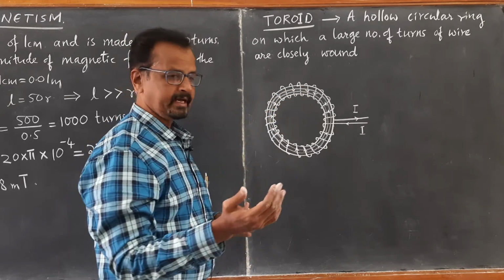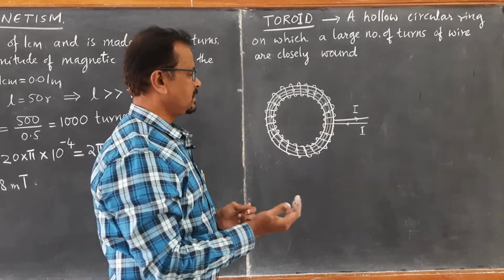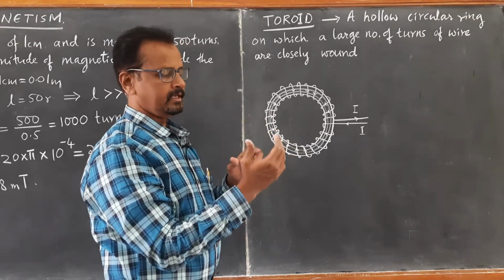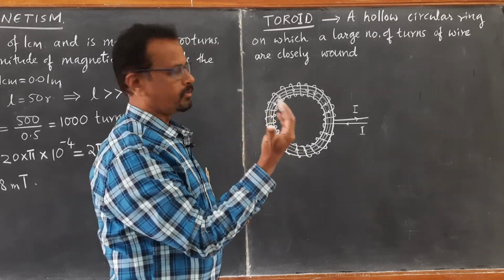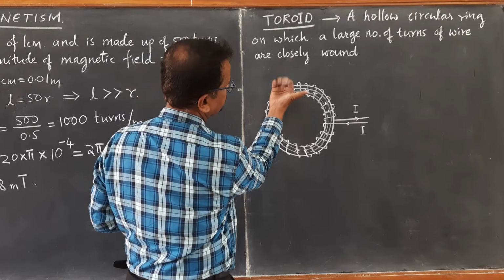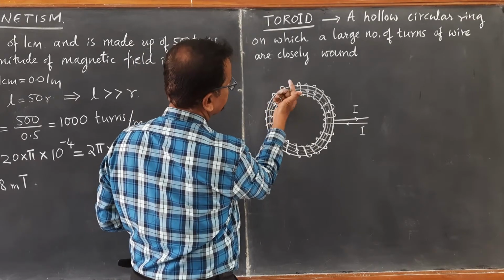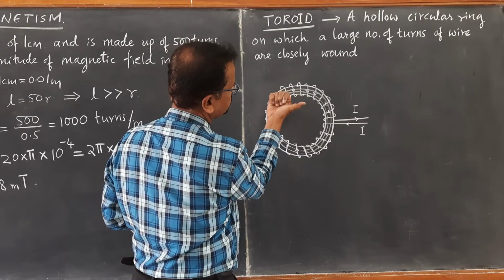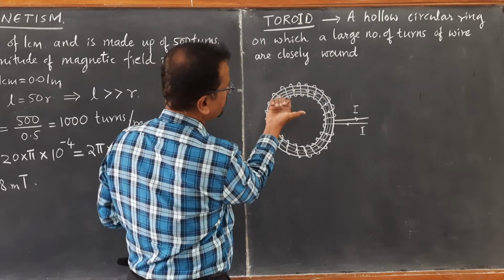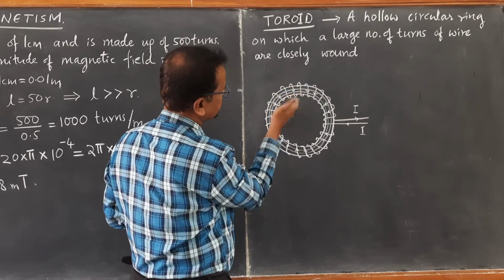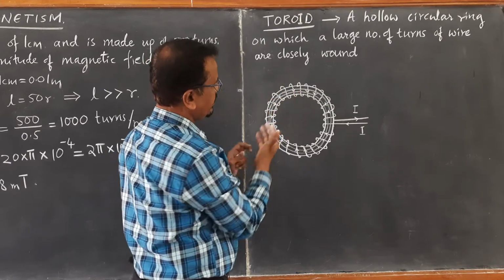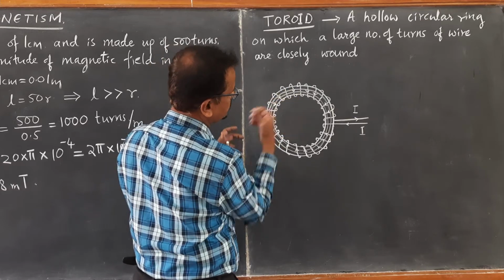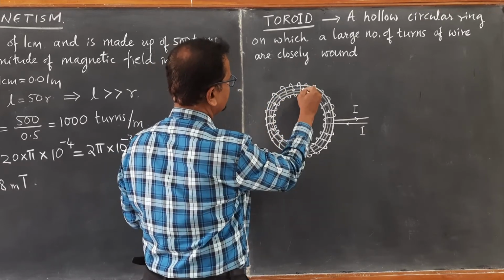How to find out the direction of these magnetic field lines? Again we make use of the right hand thumb rule. See the current direction, you can see from the top the current is emerging out from the plane of the board, and at the bottom the current is entering inside, and you can see the thumb shows the direction of magnetic field lines.